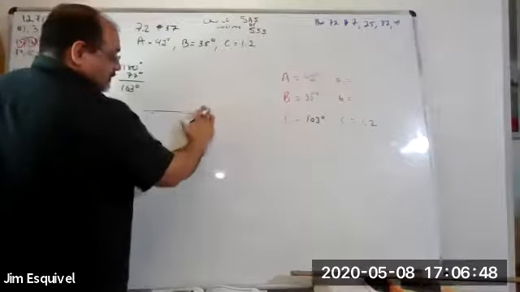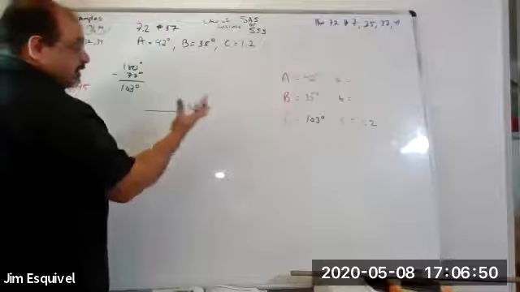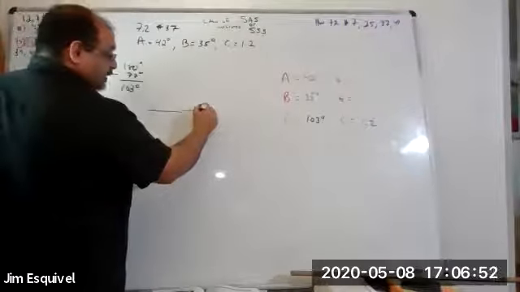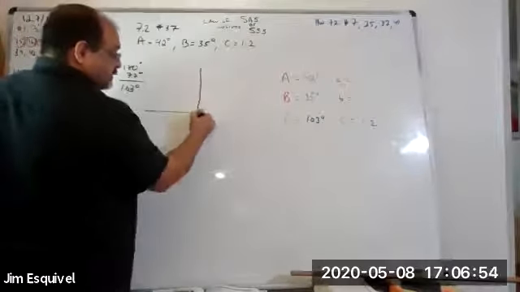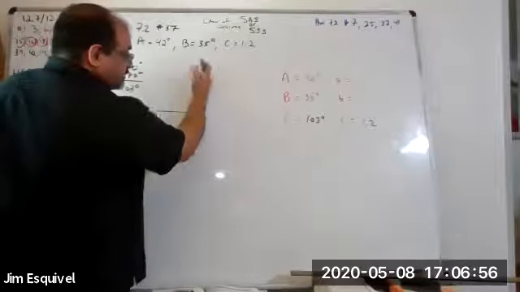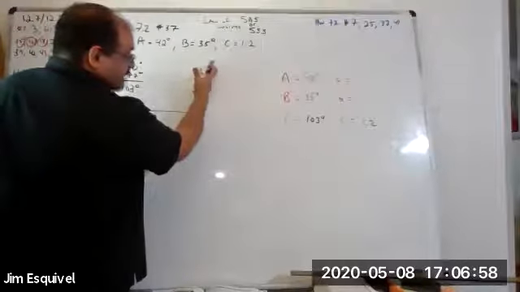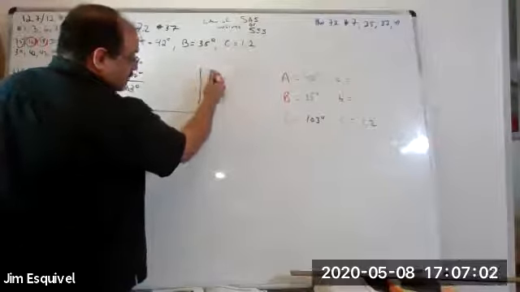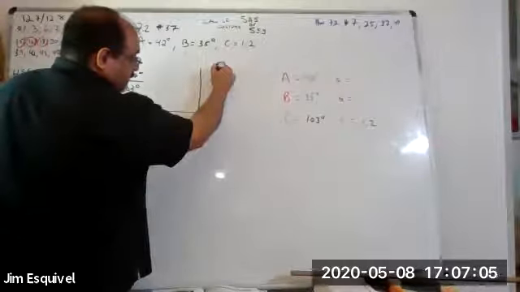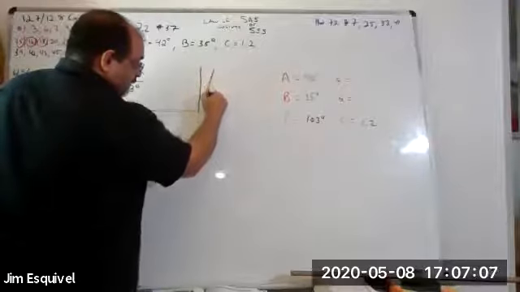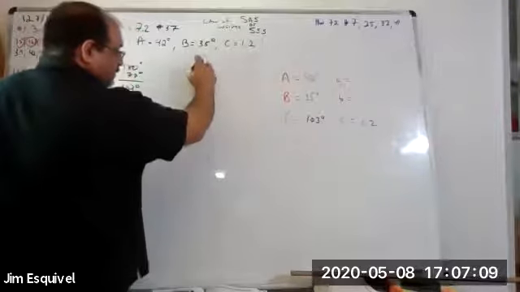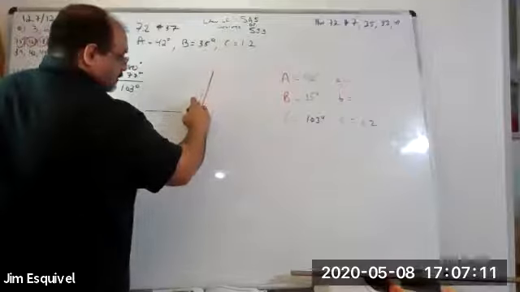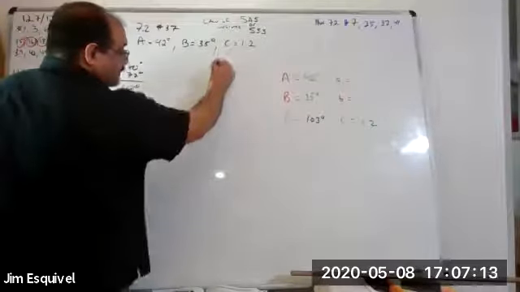It really does help to draw a little bit to scale. If this is 90, then 100 is just 10 degrees past 90, and 103 wouldn't be that much further. 103 would be maybe right about here. That might be 103 degrees.